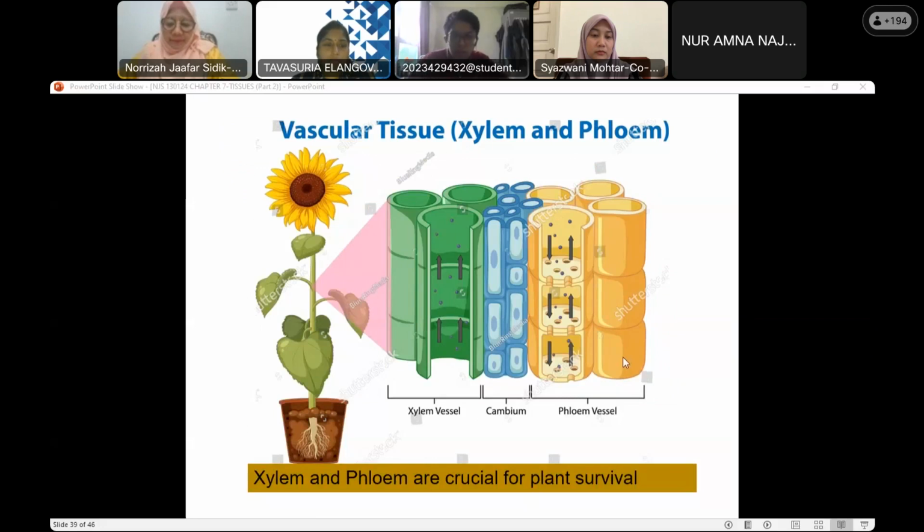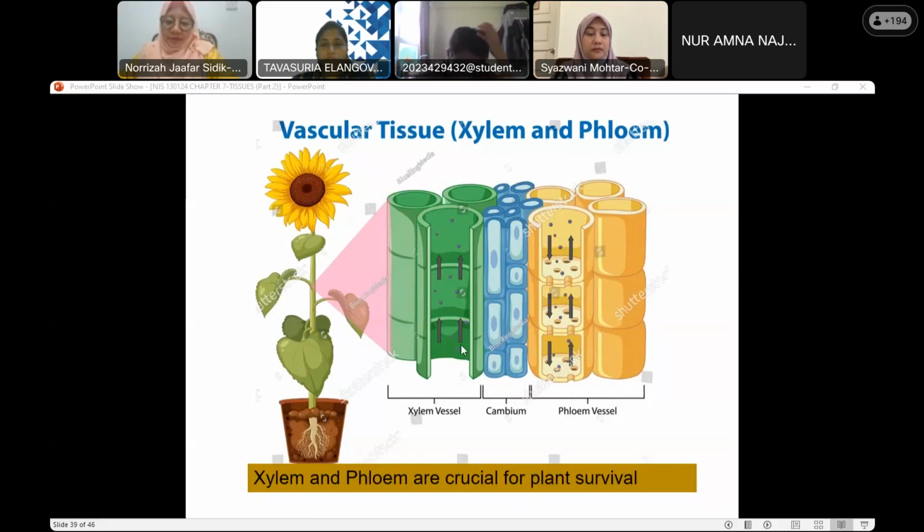The xylem vessels are located side by side, but here is the cambium tissue. With this xylem and phloem, they are crucial for plant survival.